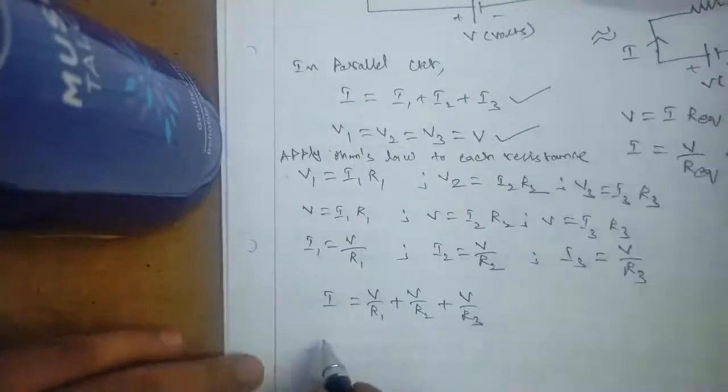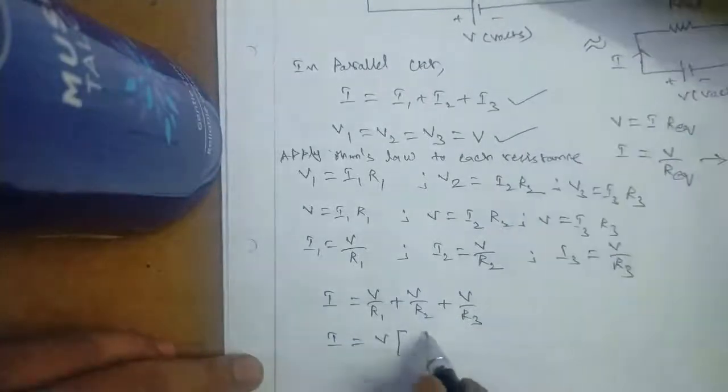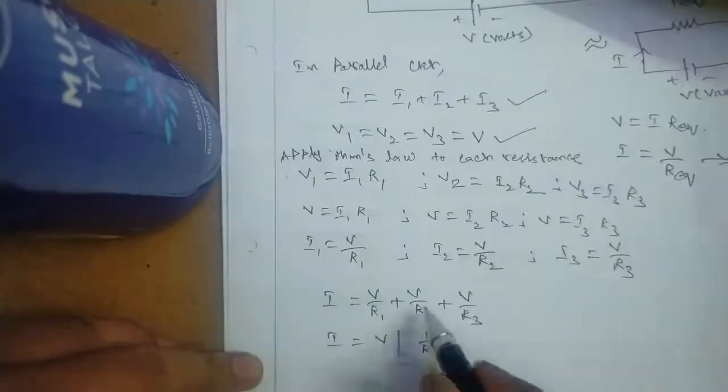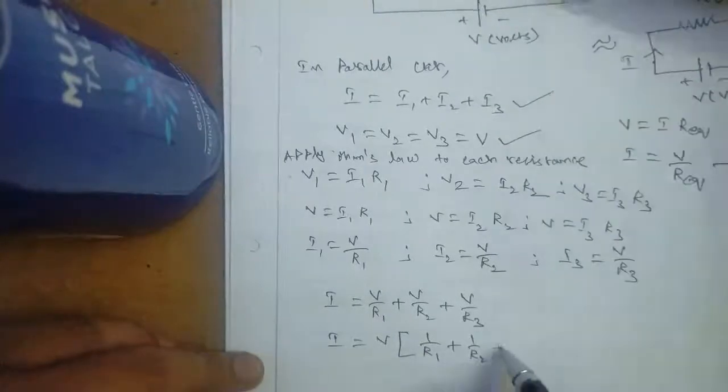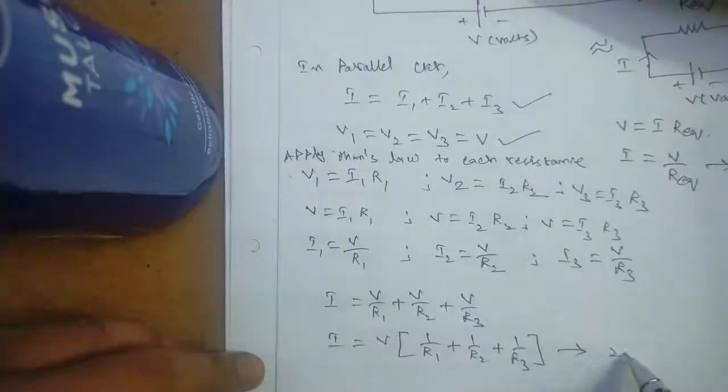Now we take it as common, it is 1 by R1 plus 1 by R2 plus 1 by R3. This is expression number 2.